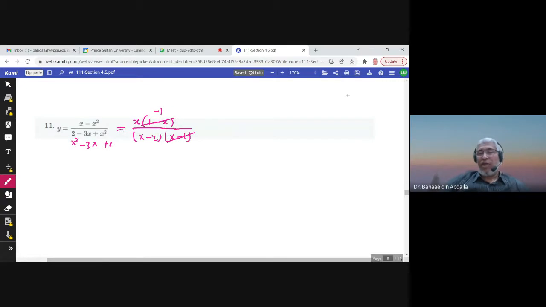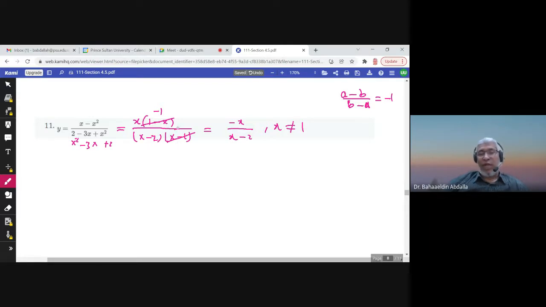So remember that a minus b over b minus a is just negative 1 because the difference between them is a sign. So y would be negative x over x minus 2, but I have to mention that x cannot be 1 because if x is 1, y will not be defined because I have x minus 1 in the denominator.